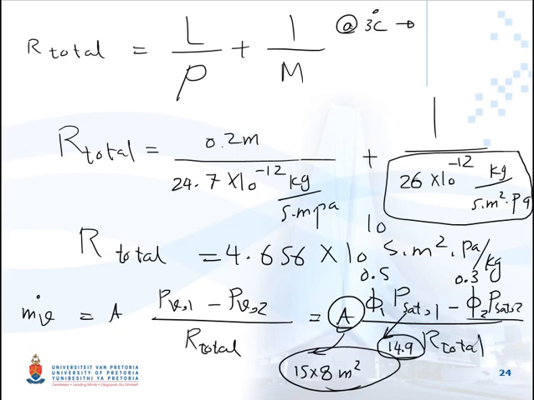The saturation pressure is 768 Pascal, and at 25 degrees the saturation pressure is 3169 Pascal. So we just put those into the equation. We calculated our R total. We have A, so basically m dot v. Okay, there is no space. Let me open another page and write it down.